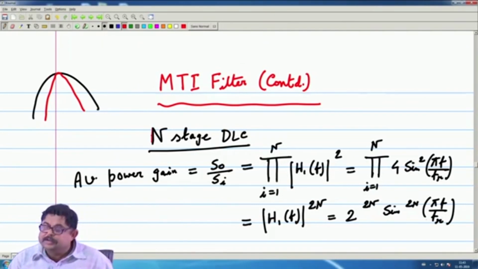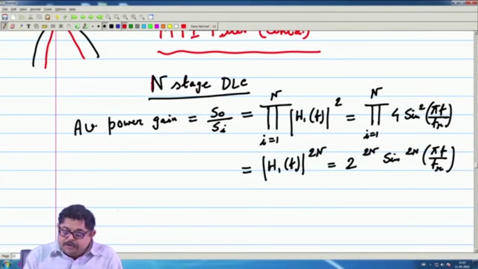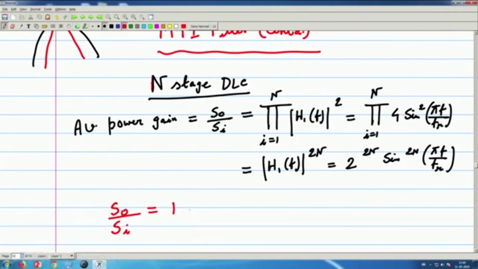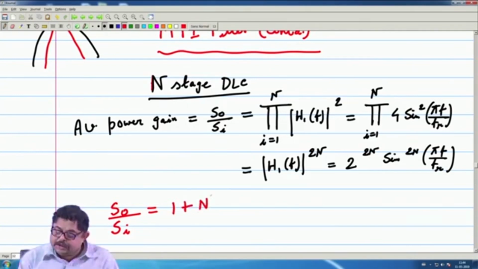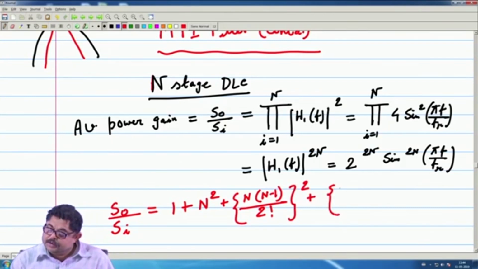People have expanded this sine function and found that you can write this expression explicitly in terms of n: 1 plus n square plus n into n minus 1 by factorial 2 square plus n into n minus 1 into n minus 2 by factorial 3 square, etc.